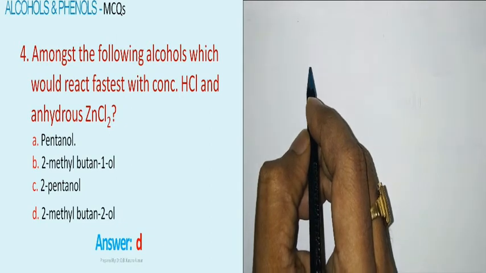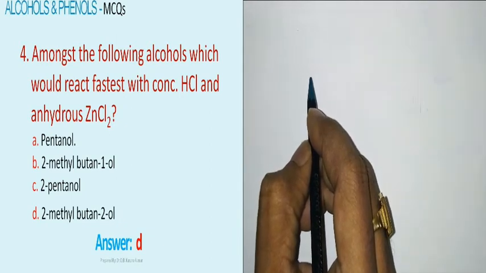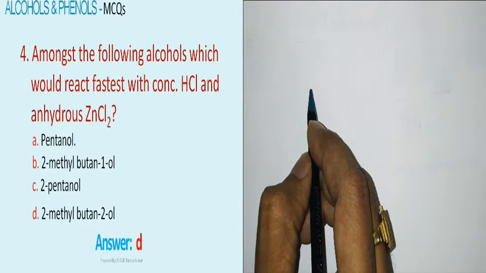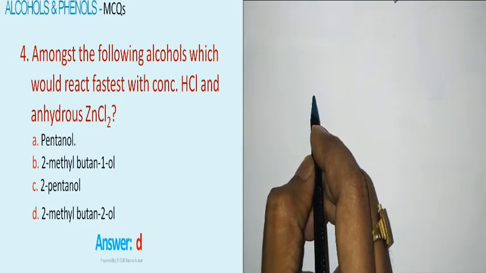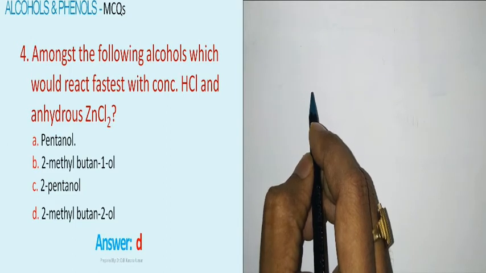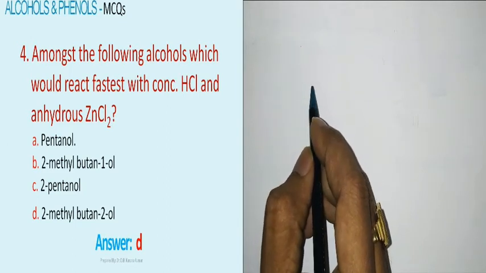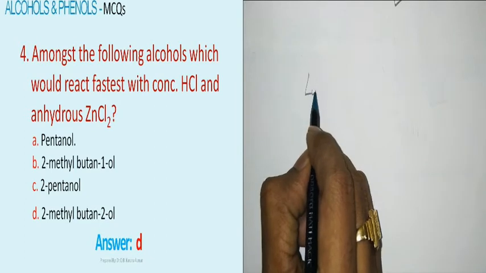Now, fourth question: among the following alcohols, which would react fastest with concentrated HCl and anhydrous zinc chloride? We all know pretty well that concentrated HCl and anhydrous zinc chloride is known as Lucas reagent.